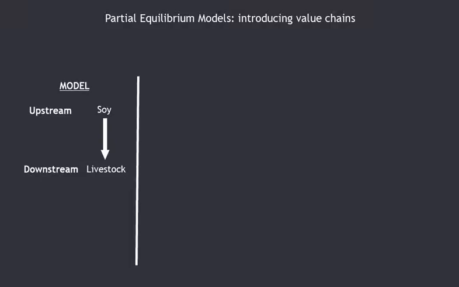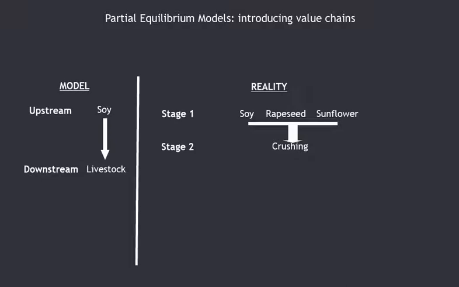So how to describe reality? The key sector is the crushing industry. The crushing industry uses oil seeds like soy, rapeseed, and sunflower to extract vegetable oils, and the rest of the process is what we call cakes, which are full of protein, which is good for feeding animals. Cakes are used in the livestock sector.